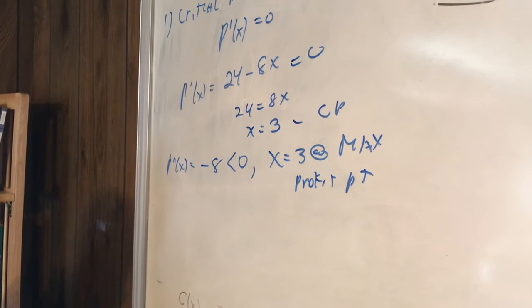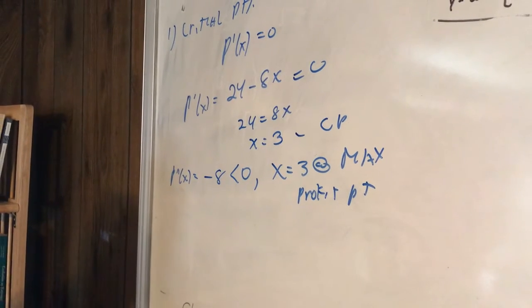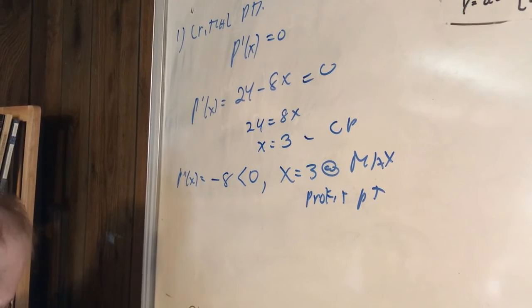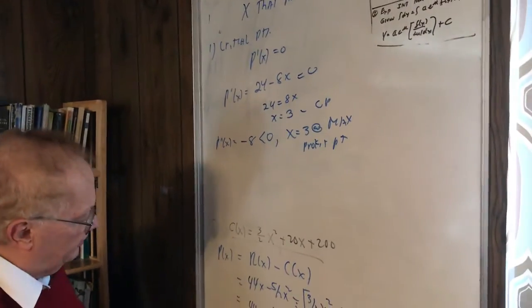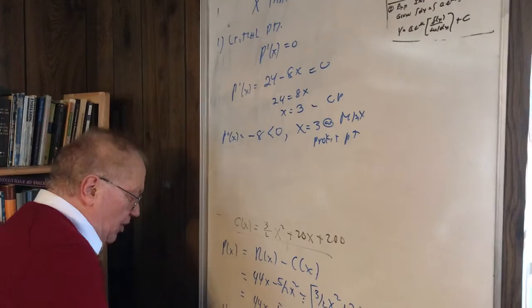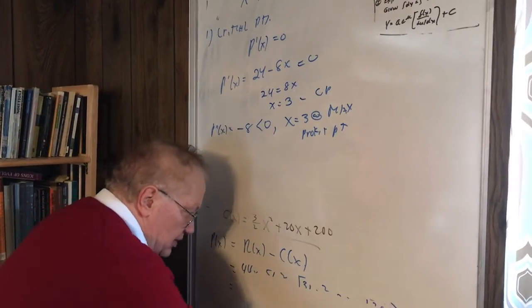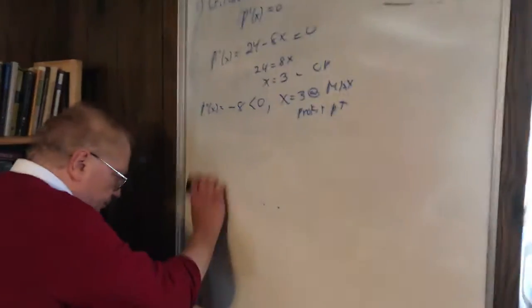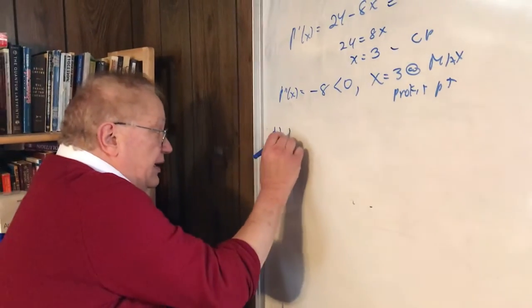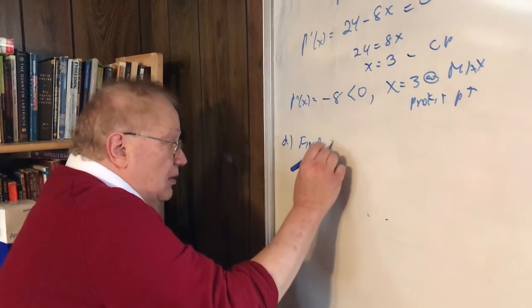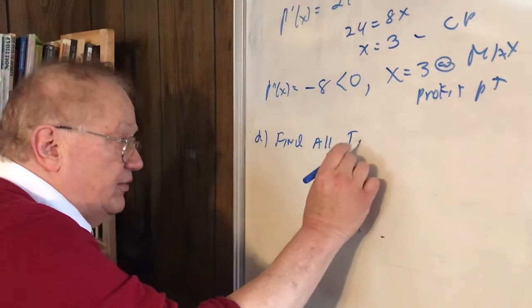All right, let's extend this problem a little bit to talk about inflection points. This was not part of the problem on the test, but let's say it asks you part D to find all inflection points.